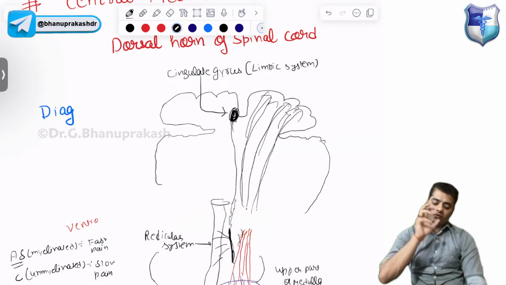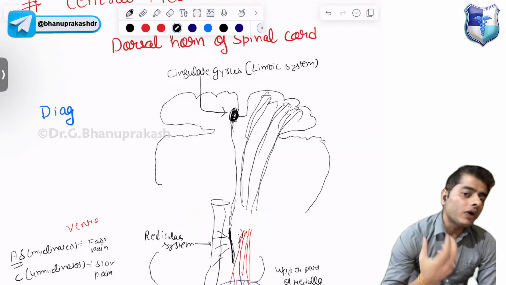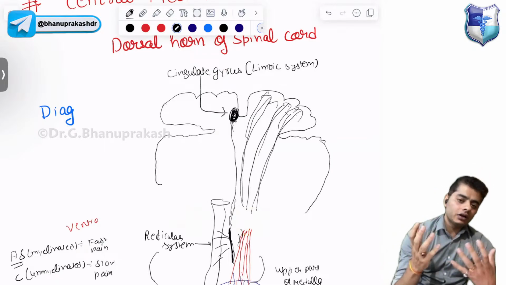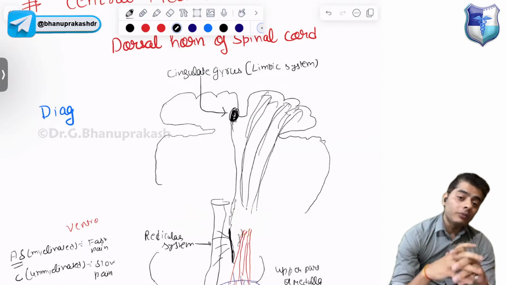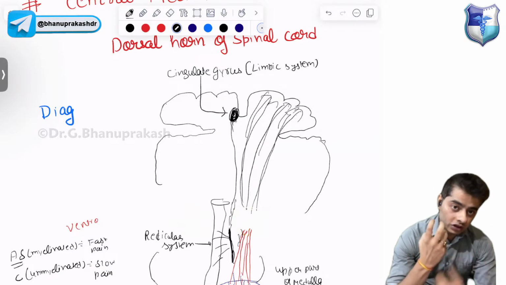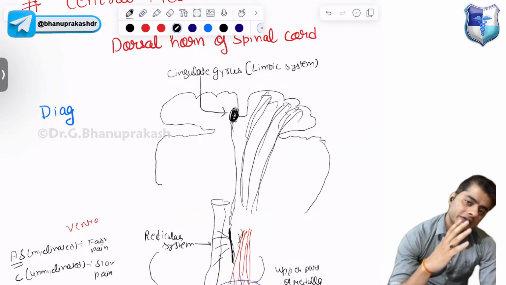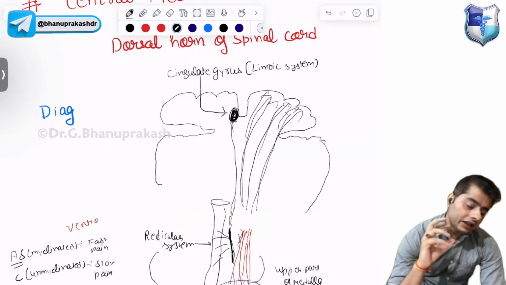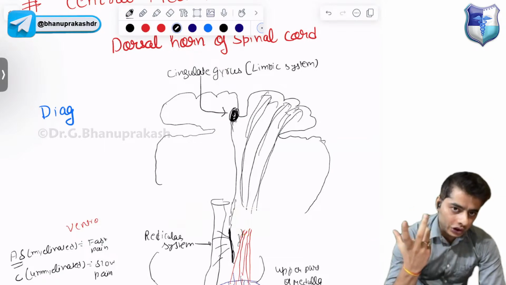So when slow fiber gives some fibers to cingulate gyrus in the limbic system, there is an emotional component in pain. Someone will cry, someone will cry more. Sometimes a normal slap will make us cry more. So this emotional component comes through the cingulate gyrus. So slow fiber while going upward gives some fiber to reticular system. They also give some fiber to cingulate gyrus. That's why we have the emotional component.